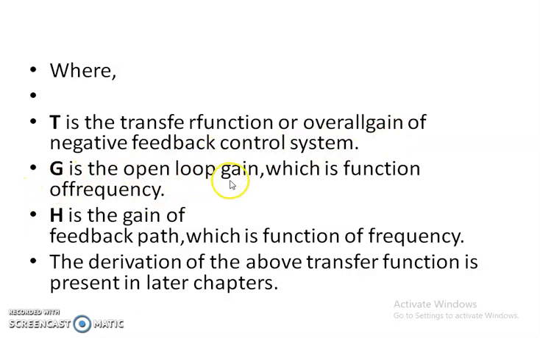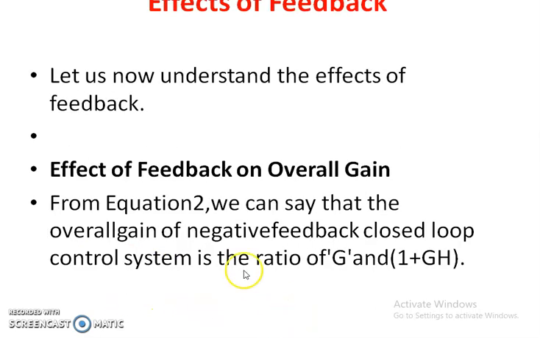G is the open loop gain, which is a function of frequency. H is the gain of the feedback path, which is a function of frequency. The derivation of the above transfer function is present in a later chapter.